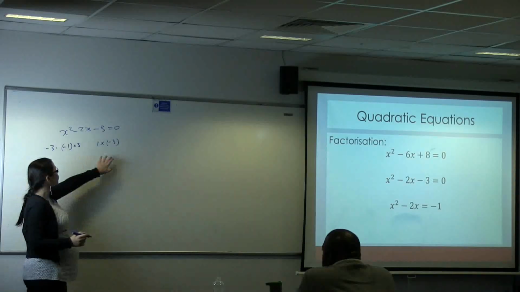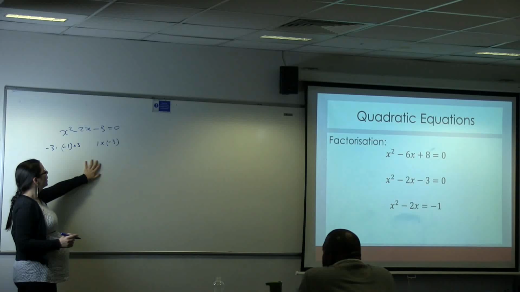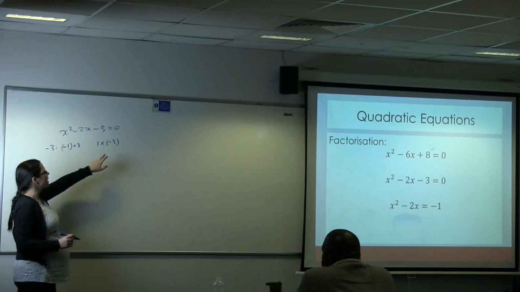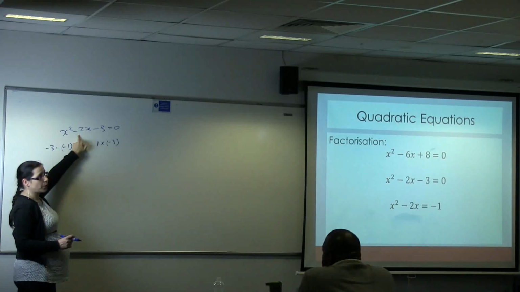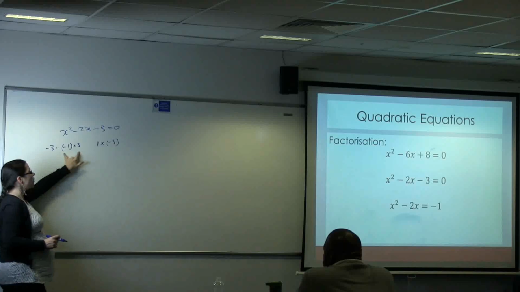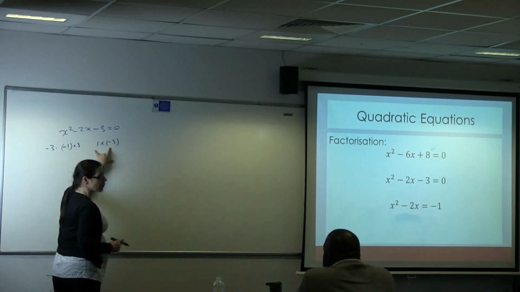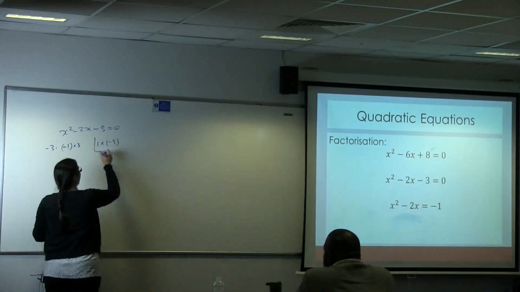So out of the two, the solution for the factorization will be the one that, when I add them together, gives me the negative 2. Well, minus 1 plus 3 gives me positive 2, so that's the wrong one. And 1 plus minus 3 gives me the negative 2, so this will be the right one.